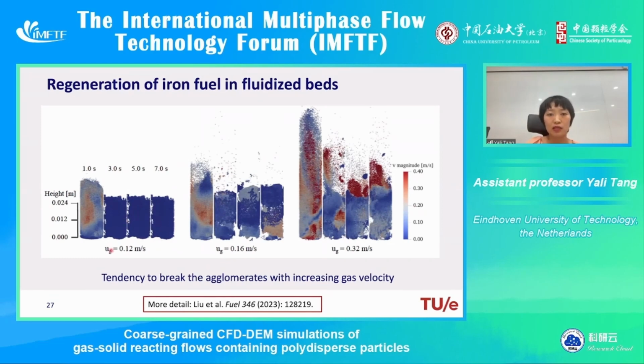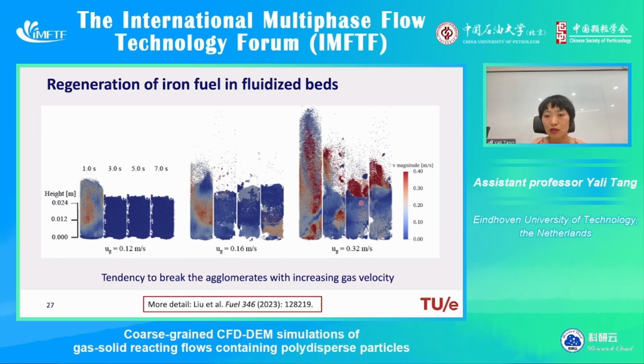So this again is a snapshot, from left to right is the increase of the gas velocity from 0.12 meter per second to around 2.5 times. As you can see, indeed the defluidization is prevented. However, you can still sometimes see some big agglomerates being formed, and the color indicates the velocity of the particles.